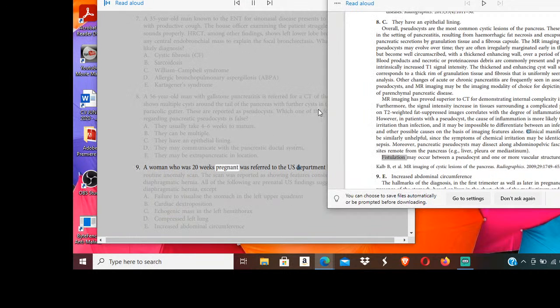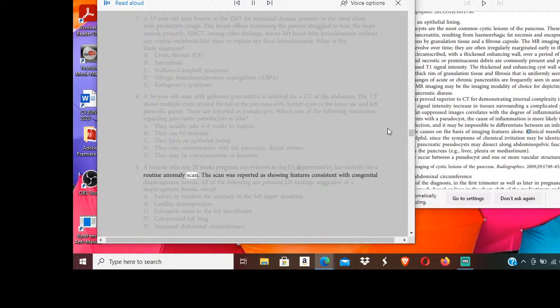9. A woman who was 20 weeks pregnant was referred to the US department by her midwife for a routine anomaly scan. The scan was reported as showing features consistent with congenital diaphragmatic hernia.